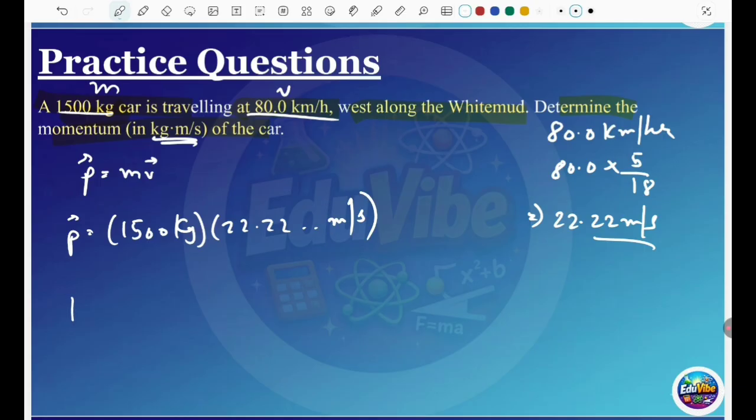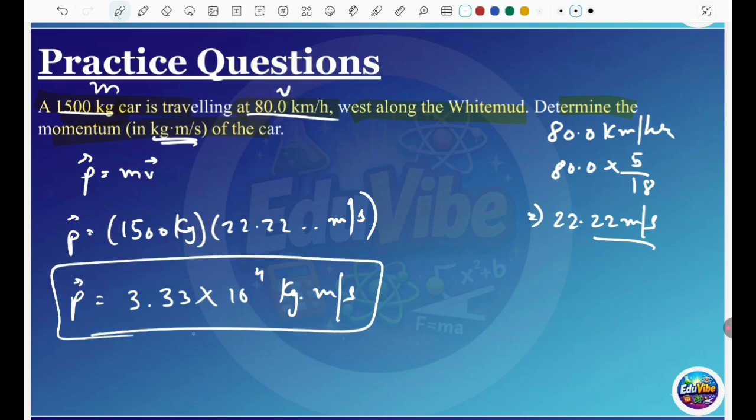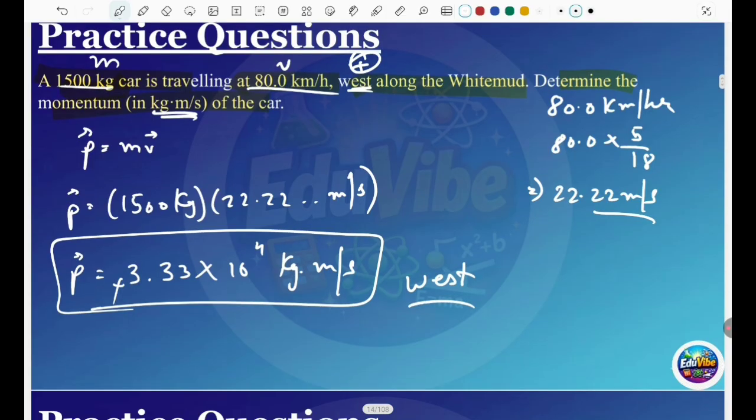When you calculate this, you get about 3.33 times 10 raised to power 4 kg·m/s. It goes west, so if you take west as the positive direction, you say this is west. Momentum is a vector quantity, so you have to state the direction, which is very important.